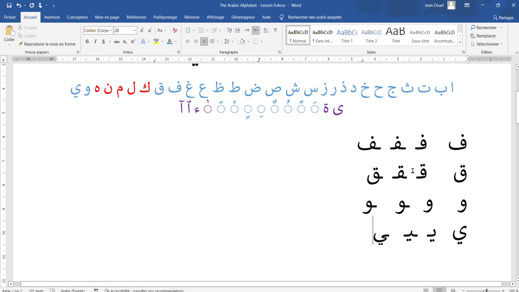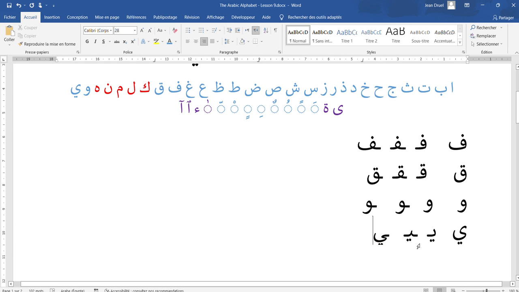It's exactly the same shape, just a single tooth, except that it has 2 dots below. So here, initial and middle form of the ya, 2 dots below, isolated form of the long curvy shape, and the ending form connected on the right with the same tail but less curvy than the isolated form.